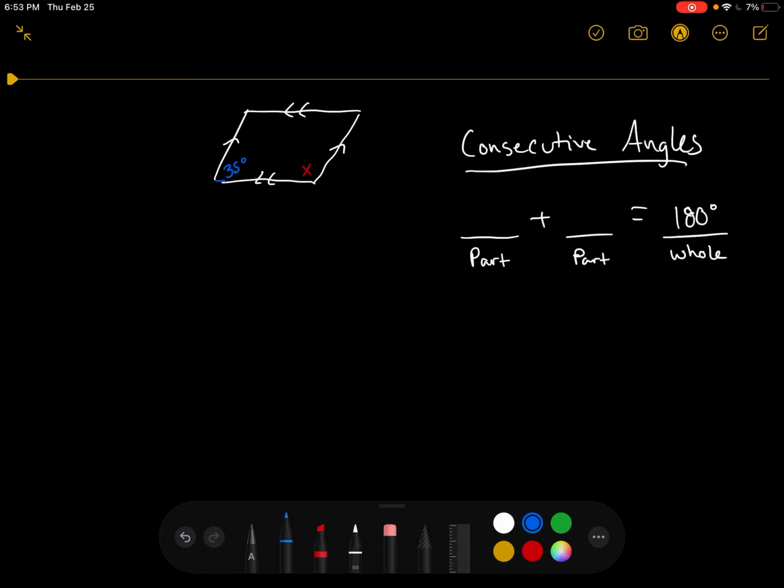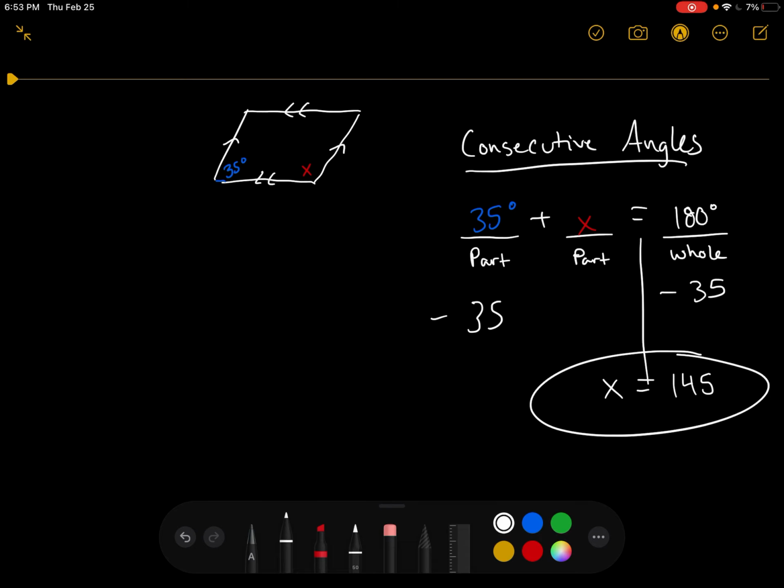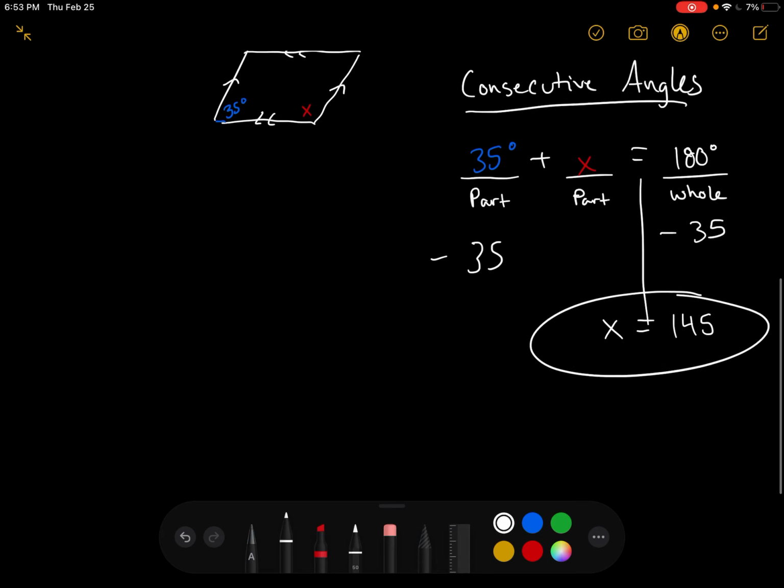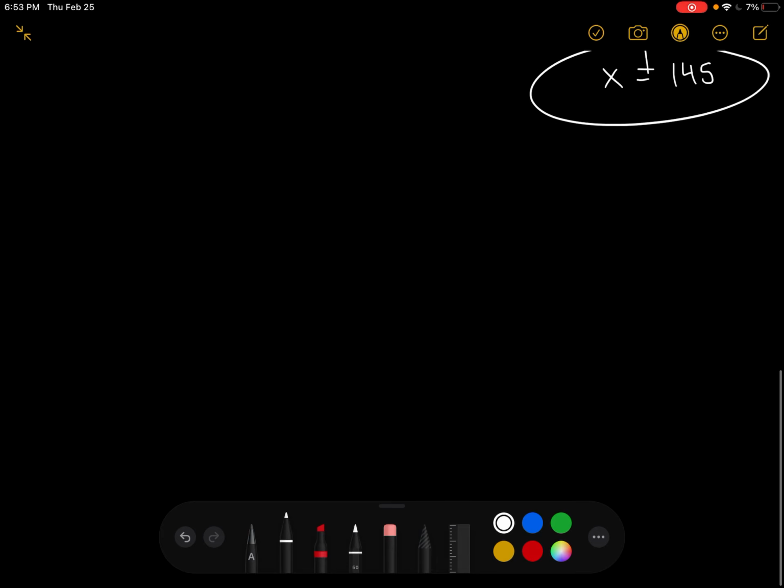So that is the whole. And then we just put each of those angles in there. So our 35-degree angle in blue, and then x is the other angle in red. So now we can use this and go through and solve. So subtract 35 from both sides, subtract 35 from both sides, and we end up with x equals 145 degrees. So that's an example of parallelograms with consecutive angles for solving.